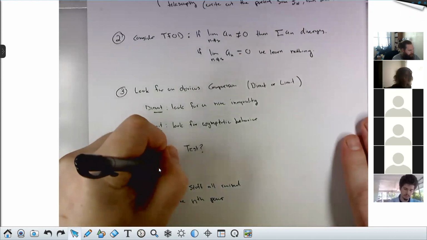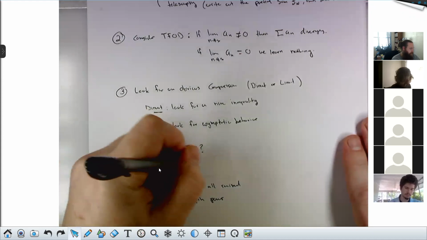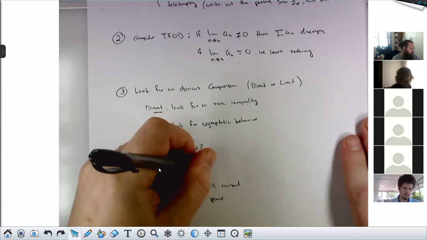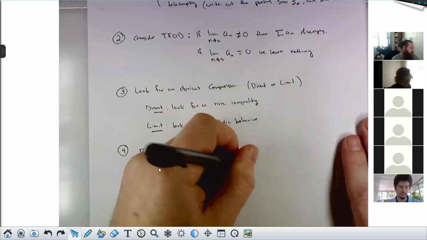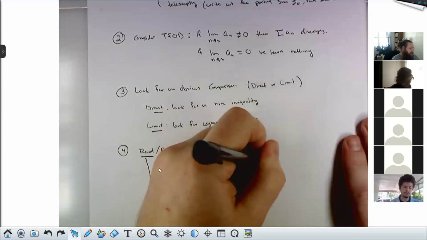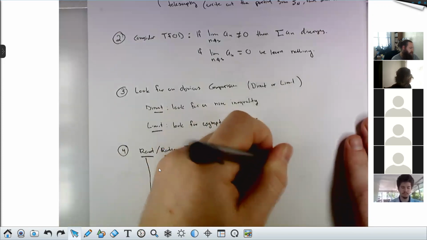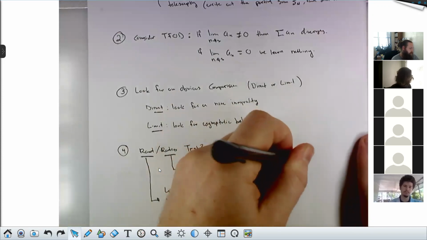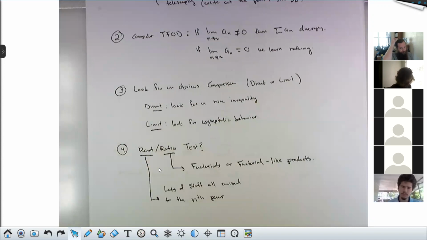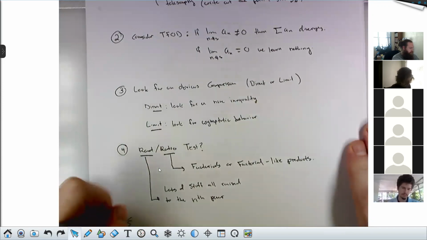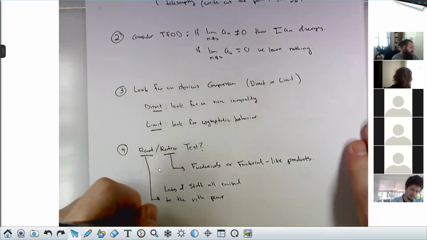And if you have factorials or factorial-like products, then you should consider the ratio test. And then if this fails, maybe the integral test.